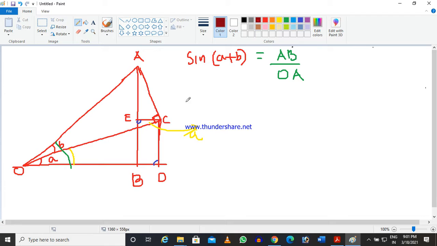Both this angle and this angle are 90 degrees, so this angle plus this angle should be 90 degrees. If so, then this angle is also A. You can prove that.